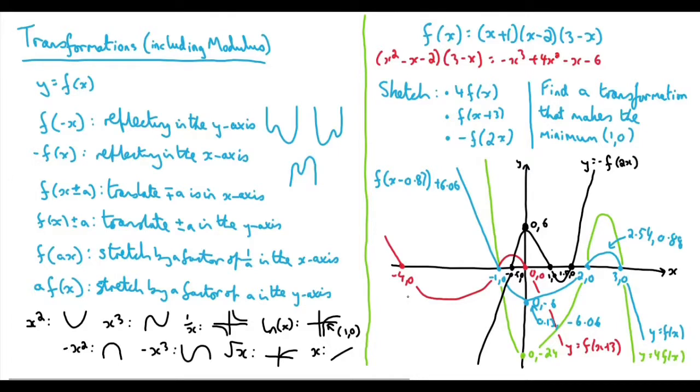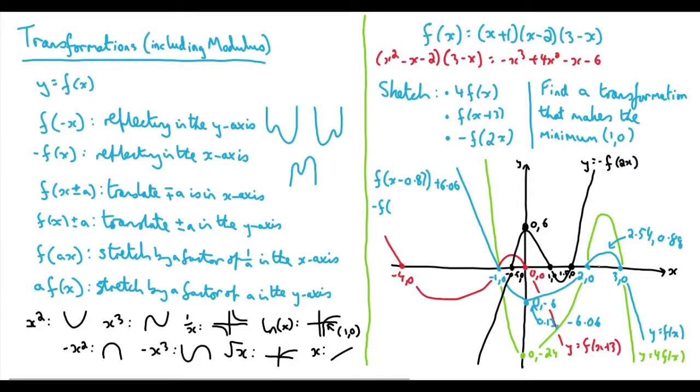Alternatively, however, if you were so inclined, you could actually also make this maximum point here a minimum. All you would have to do is reflect the graph in the x-axis, as we've seen here when we did that in our third sketch. Putting a minus in front would bring this point down into the negative region here. So if we were to do the minus of f, so that's so far bringing this upside down.